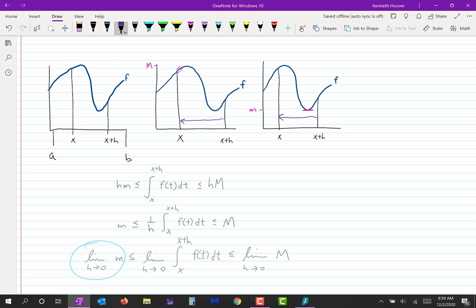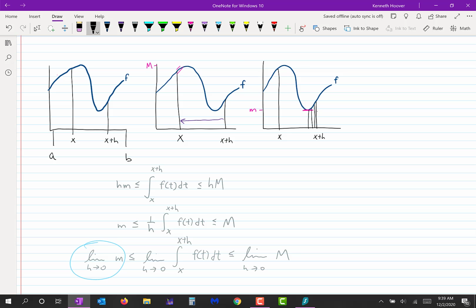Lowercase m is the minimum value of f between x and x plus h. So, as x plus h slides over to the left, at first, little m's not going to move, is it?